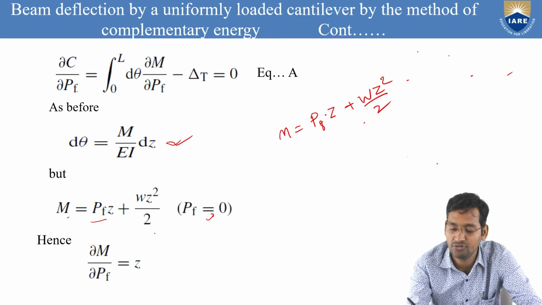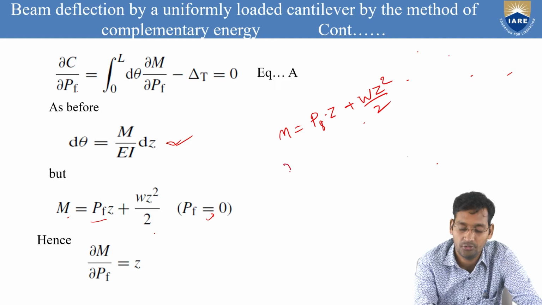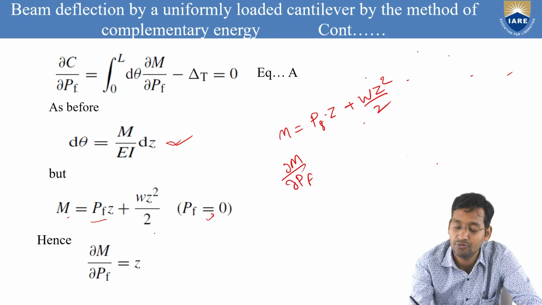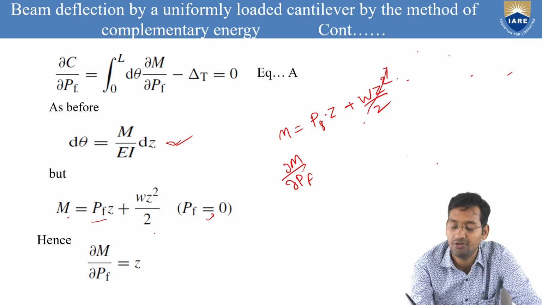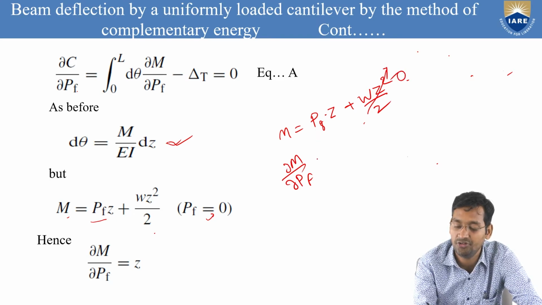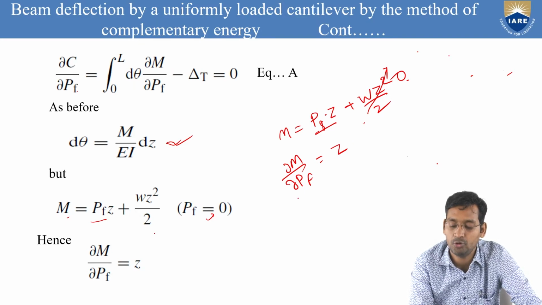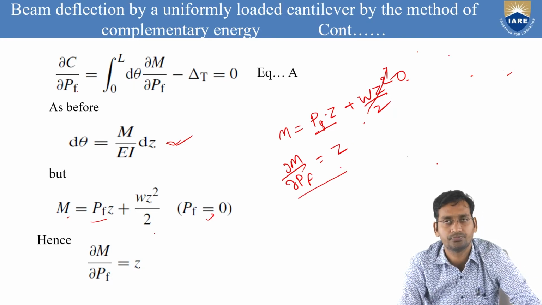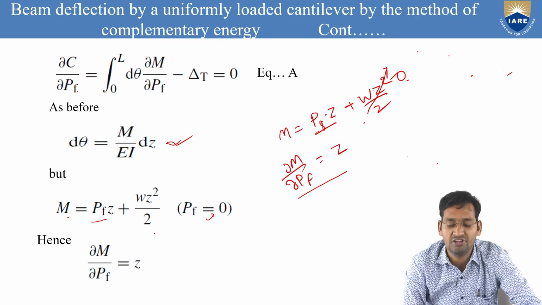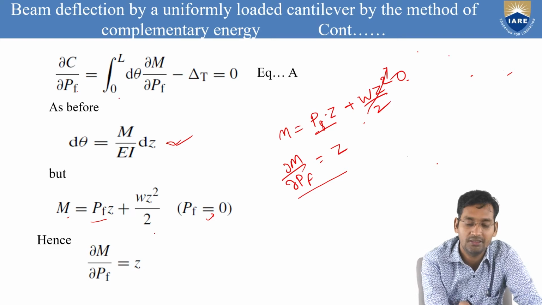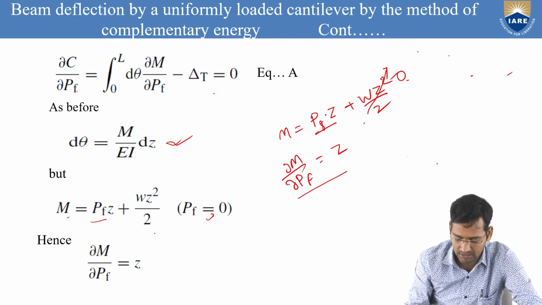Now we are differentiating, so ∂M/∂PF, right? For this term there is no PF term, so this will be 0, only the differentiation of this one. Differentiation of PF into z, differentiation of PF is 1, so z into 1, that is z. So now we have ∂M/∂PF equals z. Now we have dθ, we have ∂M/∂PF. Now substitute in the deflection ΔT equation.